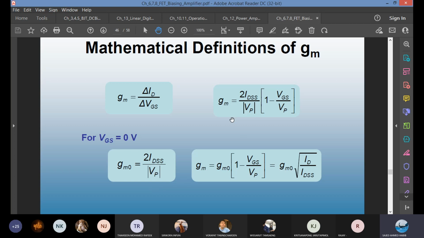Also, when you did feedback and oscillator circuits, you had to find out GM. Gain without feedback and gain with feedback. For gain without feedback, we have to use GM. Sometimes it's given in the equation, sometimes you might have to calculate and find out.